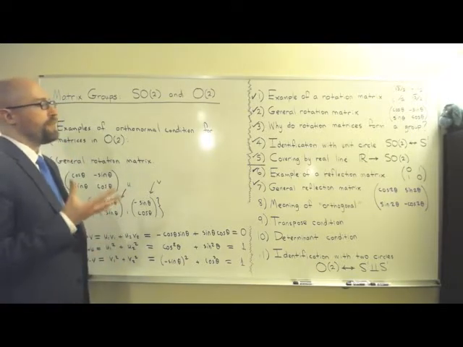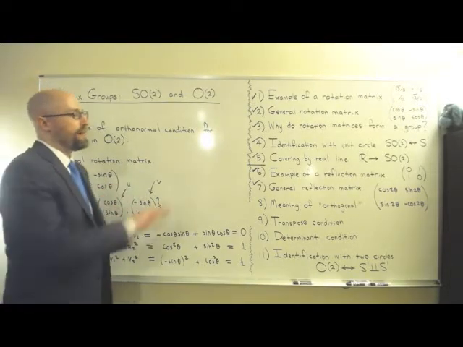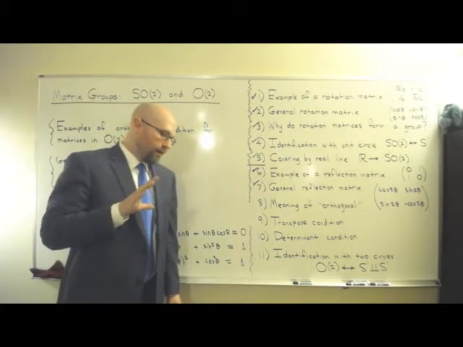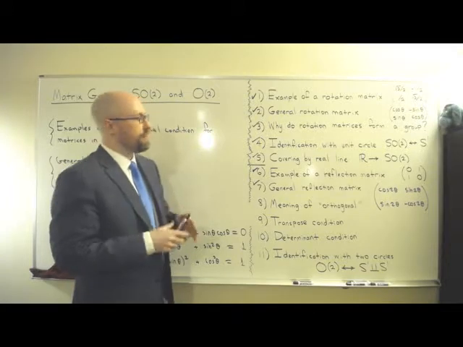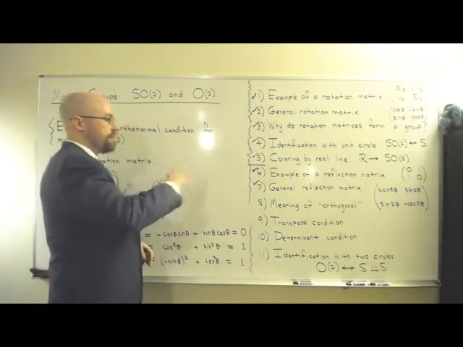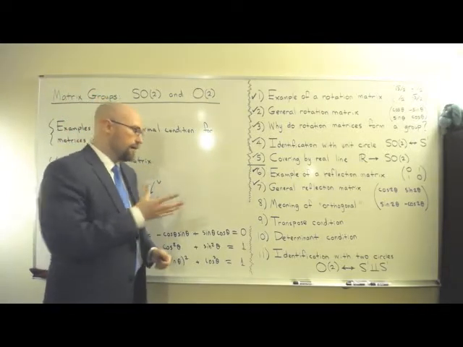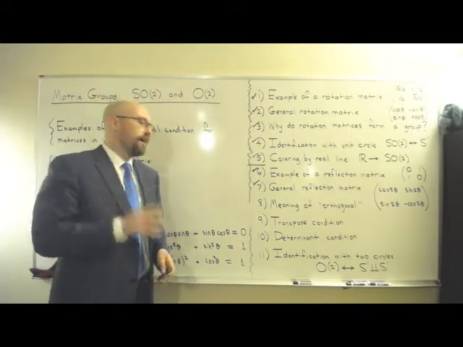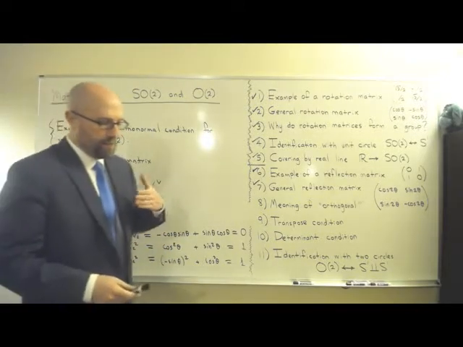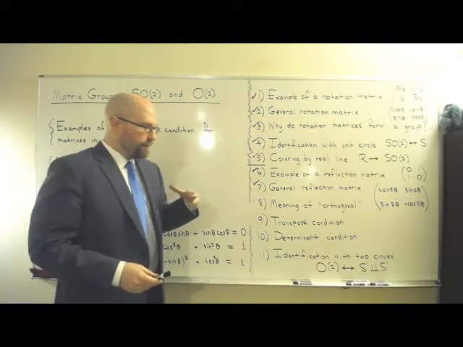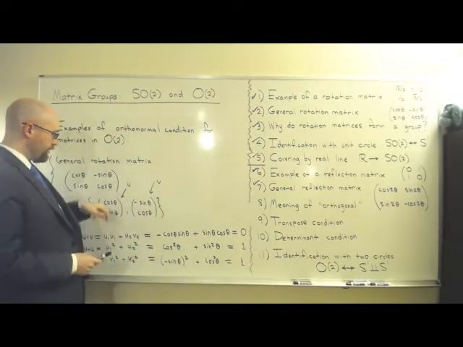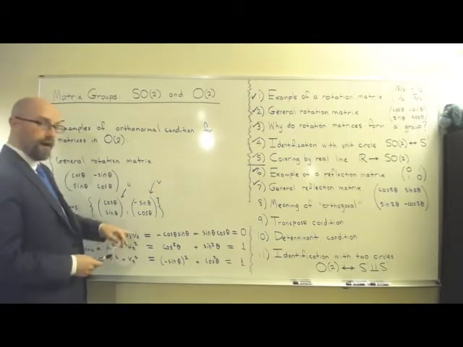something where you can kind of understand why that would be related to these distance-preserving, shape-preserving types of transformations, which is what these are doing to the plane, because they're keeping the angles the same, and they're keeping the lengths the same too, because the dot product of a vector with itself, one of those orthonormal vectors, is going to be 1.